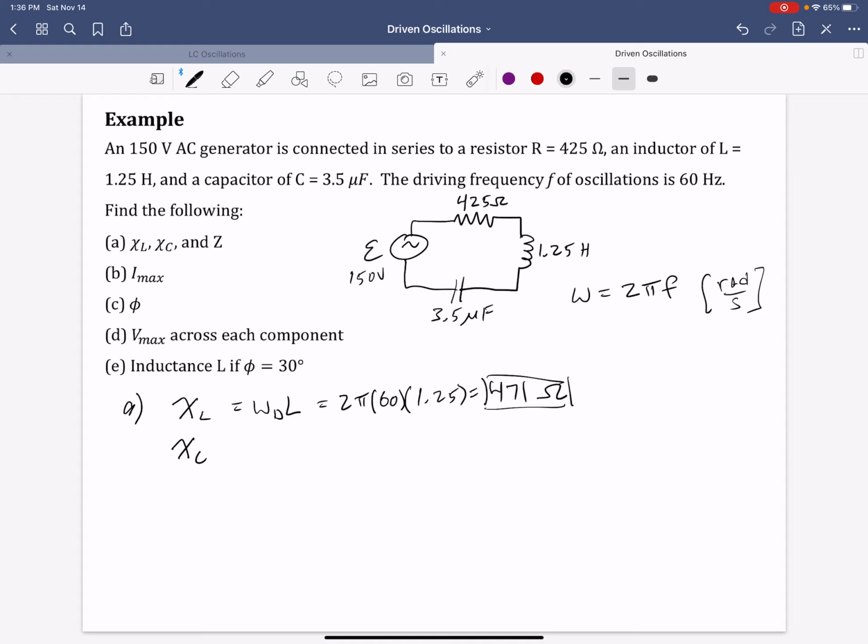And chi sub C had the expression of 1 over omega times C. Well, let's see, 1 divided by our 2 pi times 60, and then the capacitance, 3.5 times 10 to the minus 6. And this should give us a value of, let's see, yep, 758.